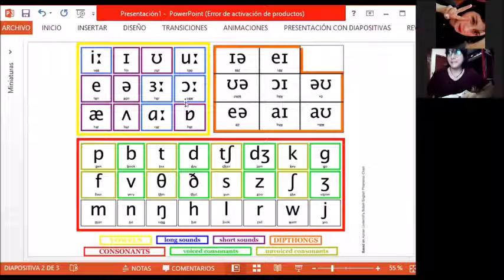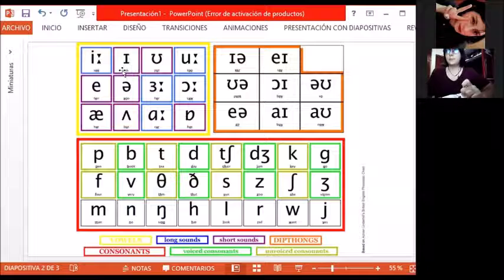In here we have the single vowels. And as you can see, the blue ones represent long sounds and the purple ones represent the short sounds.